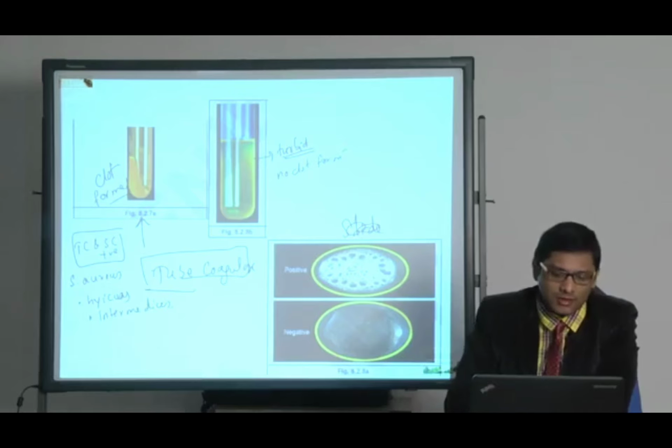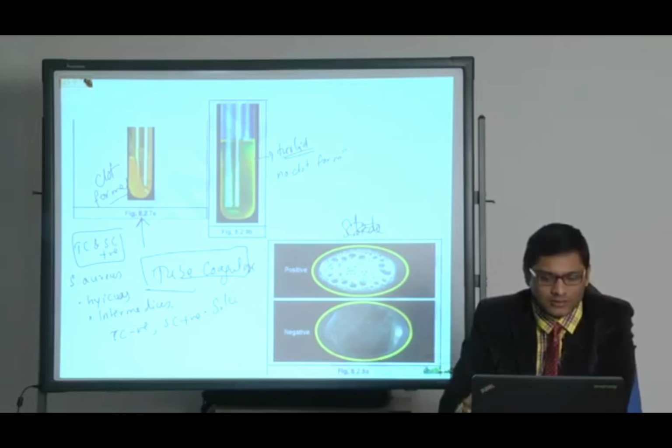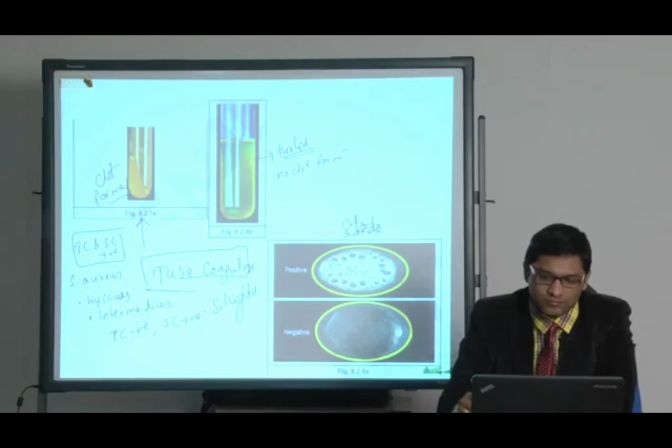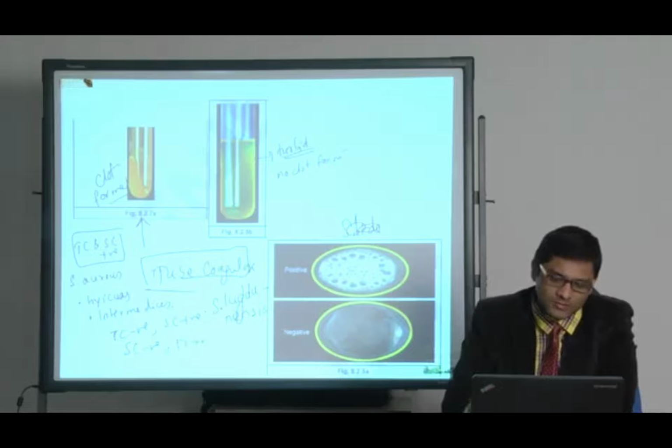Whereas tube coagulase negative, slide coagulase positive, an example is Staphylococcus lugdunensis. Slide coagulase negative, tube coagulase positive, an example is Staphylococcus schleiferi.